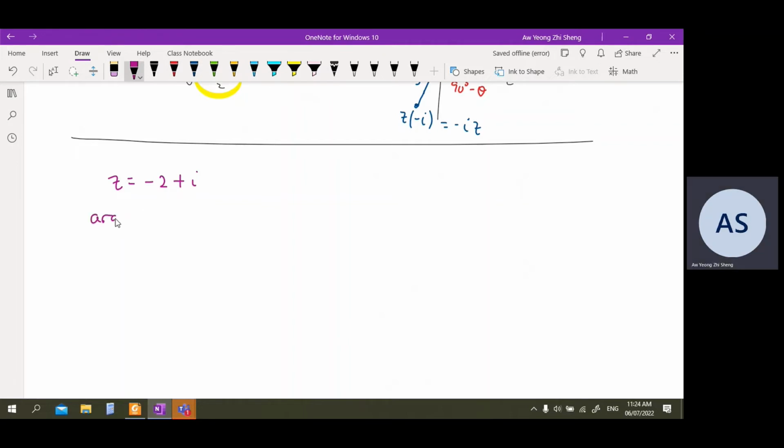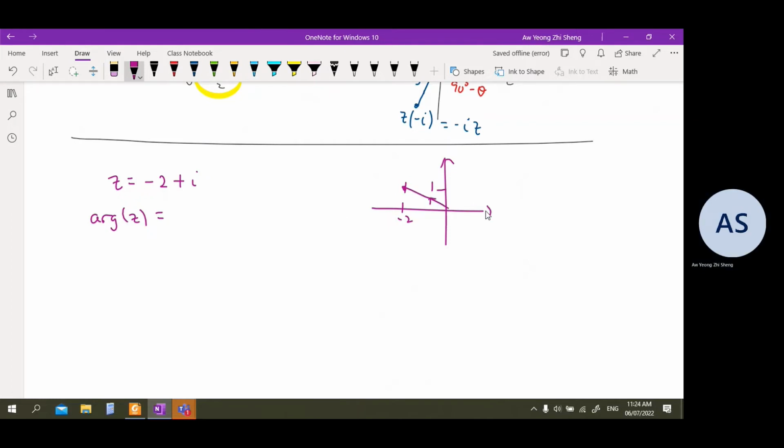And let's say I try to find the argument of z using the traditional way. Okay, so I have minus 2 and 1. I have this slanted vector here. So I should take pi reversed by the basic angle. And so pi minus inverse tangent of modulus y over x.